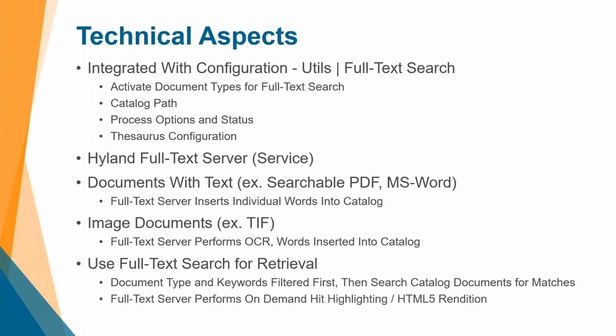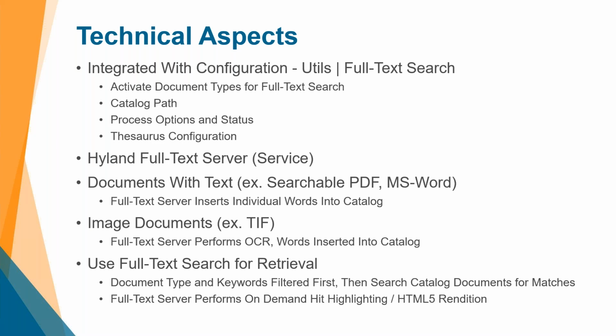So when somebody actually performs a full text search from retrieval or custom query or wherever, really we're filtering down based upon the document type and the keywords that are provided first. That's different than IDOL. So now you're searching across a smaller subcategory of documents than before.